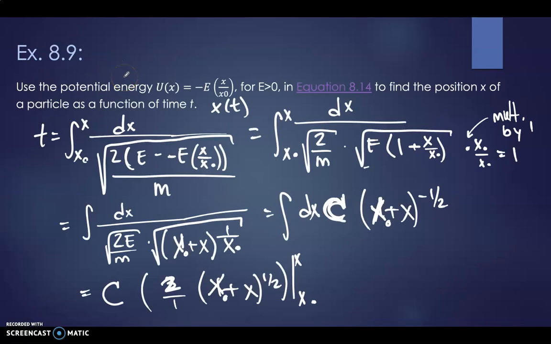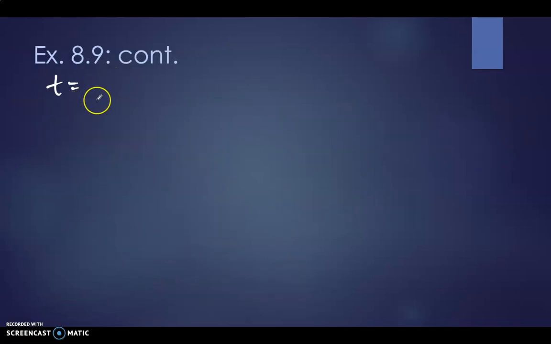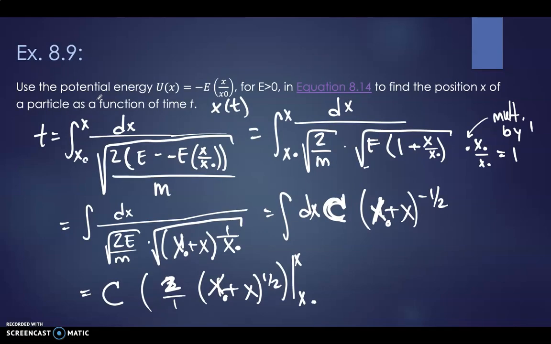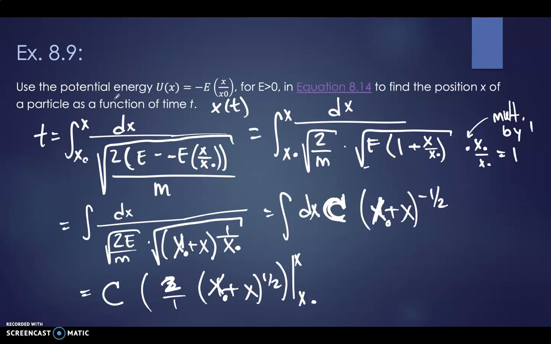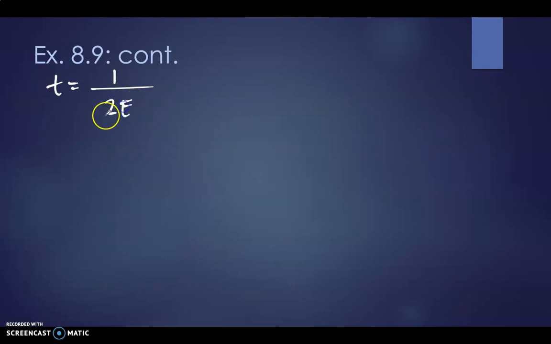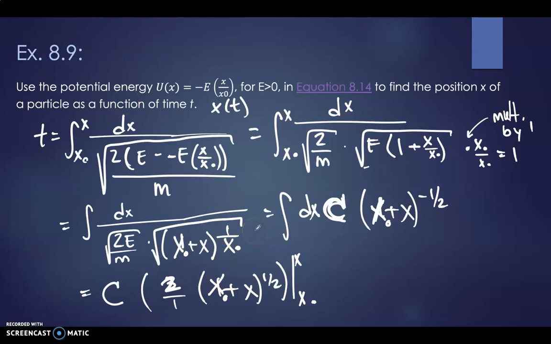So we have t is equal to my constant, which I'm going to go ahead and write out. It's going to be 1 over square root 2e over m, and then an x naught as well.